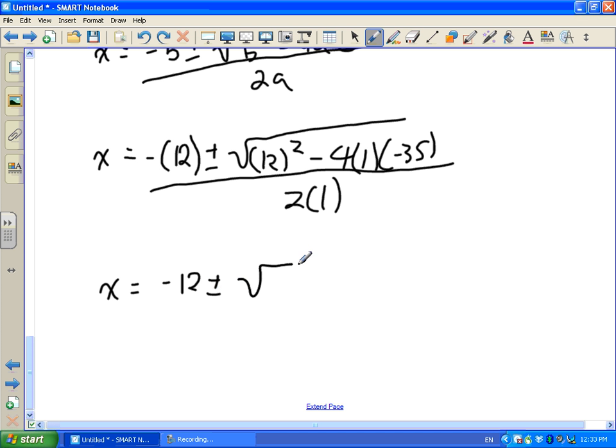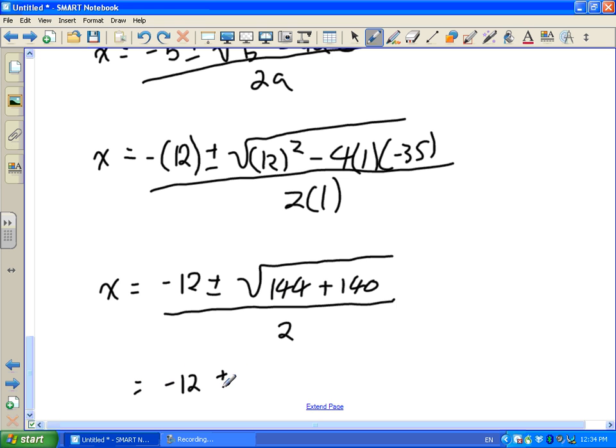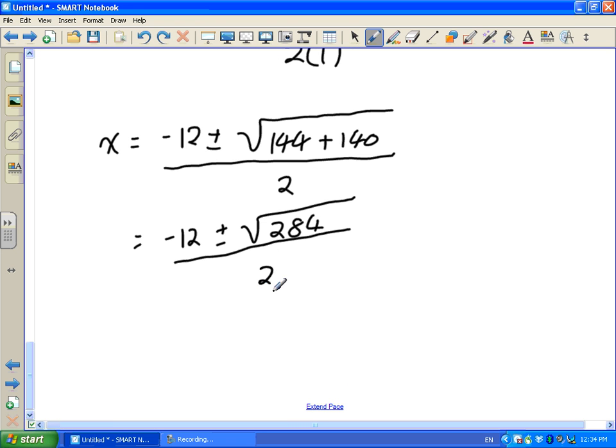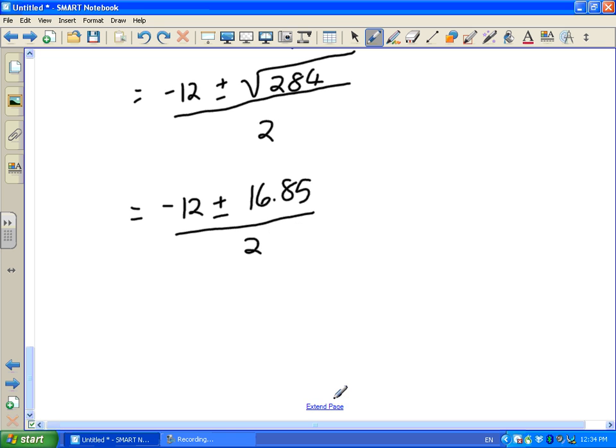Plus or minus 144. What is 4 times 35? 140? Negative 12 plus or minus the root of 284. Does anyone have that? The root of 284 for me? Perfect. Okay.